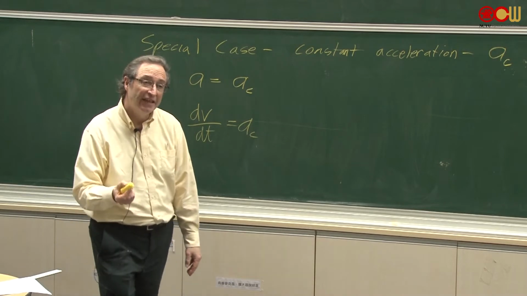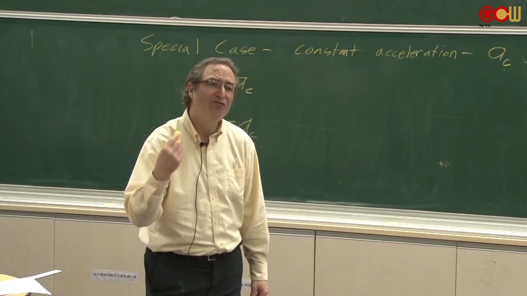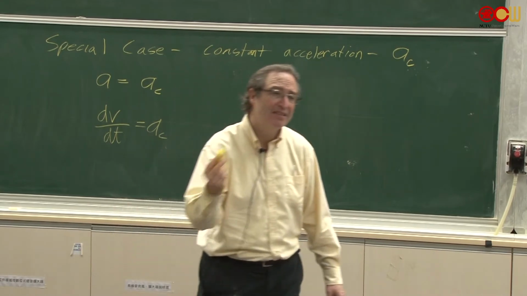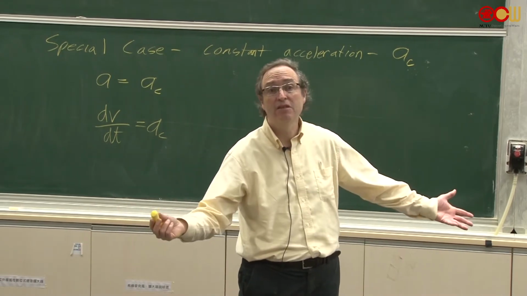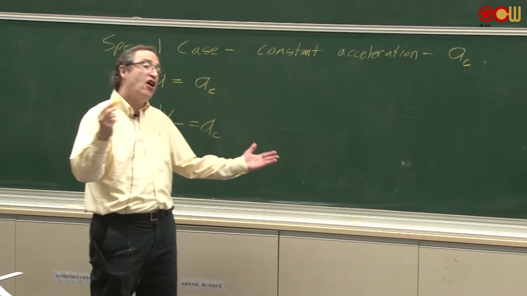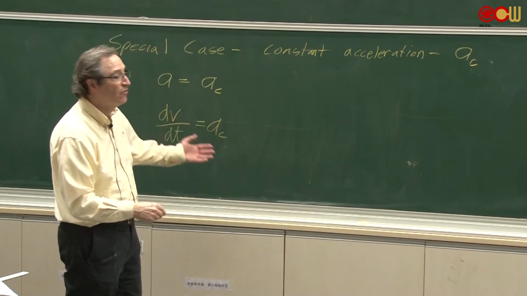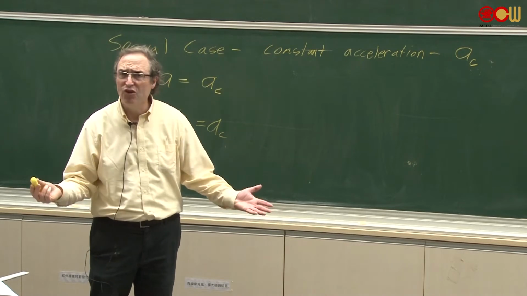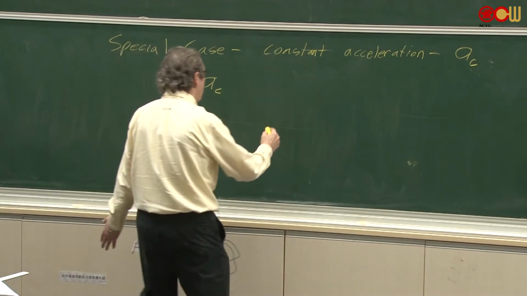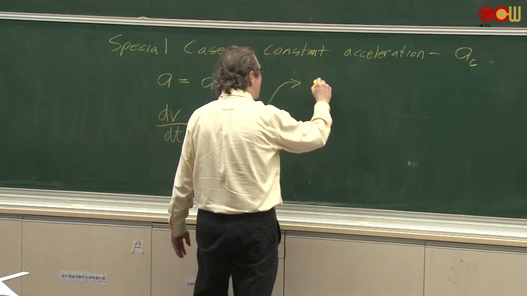So the question is, what function, when I take a derivative with respect to time, gives me a constant? Now, if you know how to integrate, you would just integrate this equation, but many of you don't, so we just guess the answer. All right? So what function would do that?